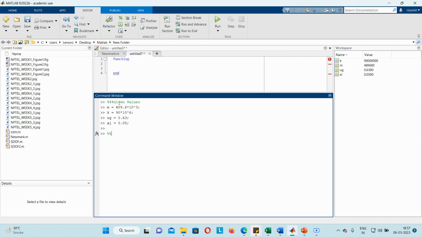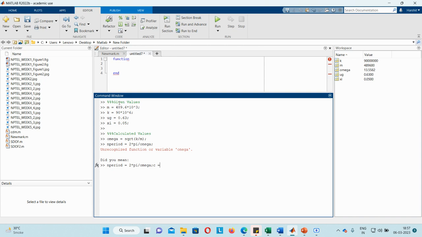Now we'll calculate the derived values. We'll see what values we can calculate from these. So omega is square root of k by m. Natural period is 2 pi by omega n, so 2 pi divided by omega.